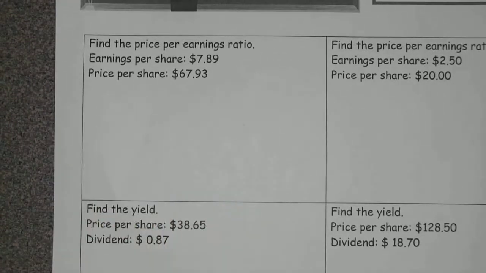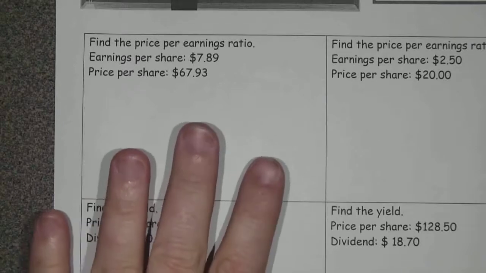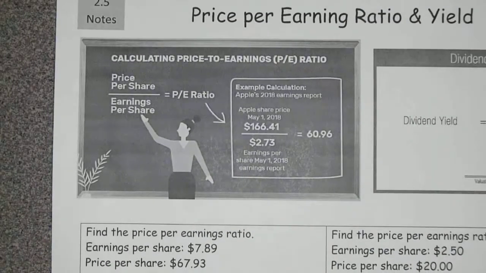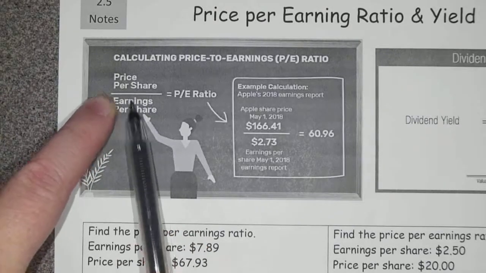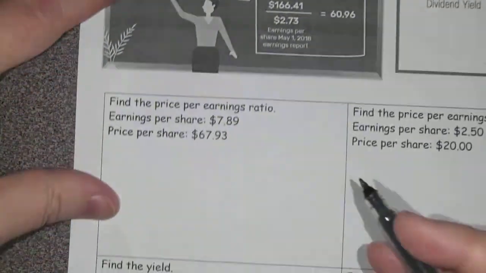On the first example, it says find the price per earnings ratio. The earnings per share is $7.89 and the price per share is $67.93. You remember how I said this was going to be easy? The price per share goes on top, the earnings per share on the bottom.